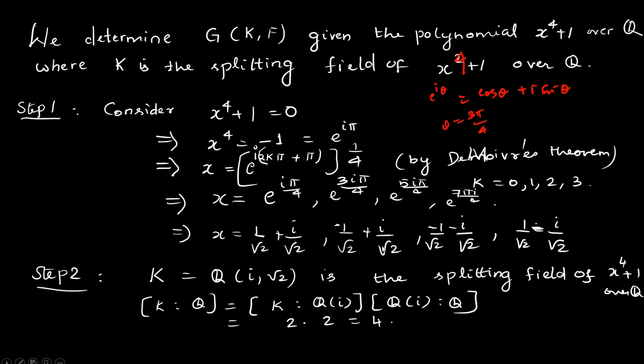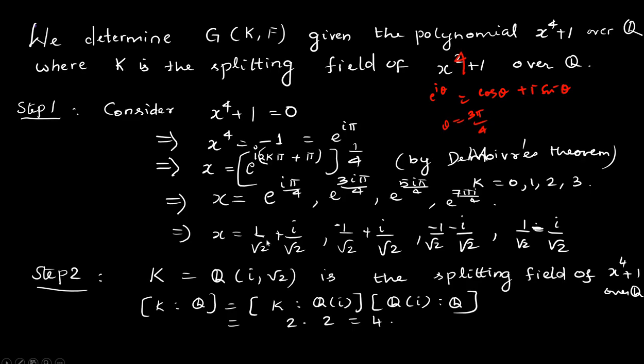Sine is positive in the second quadrant, negative in the third quadrant. Cos is negative in the second quadrant, both are negative in the third quadrant, and here you have cos positive and sine negative. For pi by 4, cos pi by 4 and sin pi by 4 both take the value 1 by root 2. So you have the roots as this.